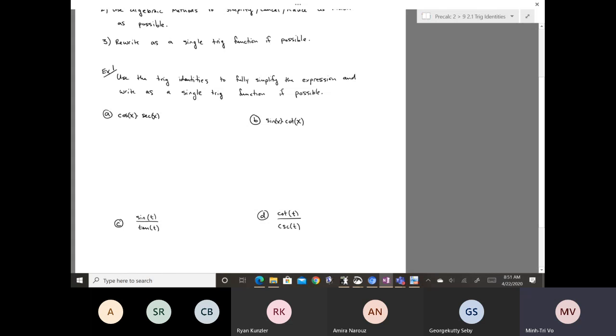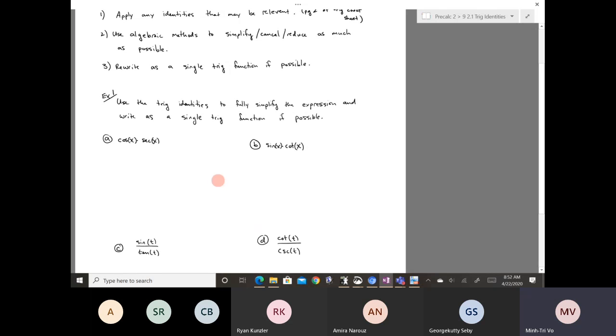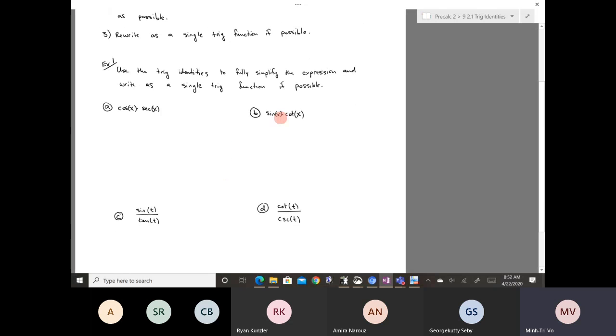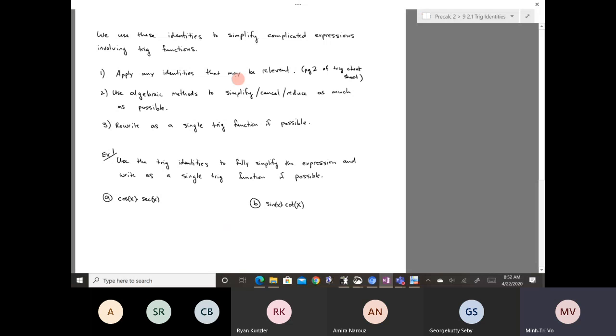The ones on this page at least aren't too bad. It's just two trig functions written together. But in a lot of cases, because everything can be related to sine and cosine, there's typically a much easier way to represent these expressions, and so we want to use the various identities to try to simplify things that are written in terms of trig functions like this.